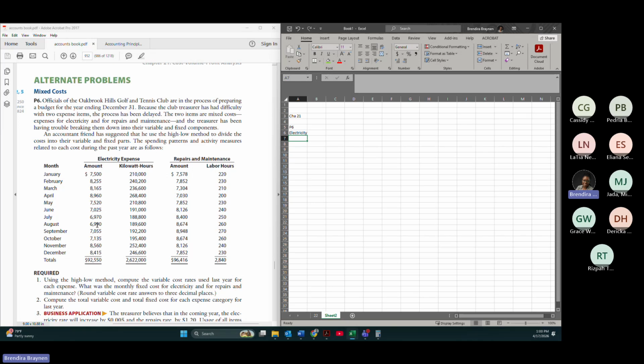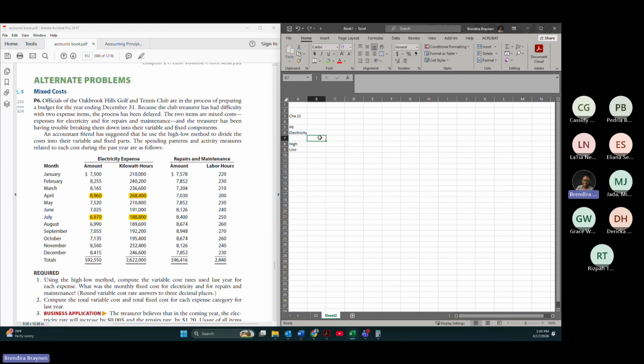The highest looks like it's April. And then the lowest for electricity looks like it is July, which is crazy. But anyway, that's my high, that's my low. Identify my high and my low, and then I have to subtract the two.